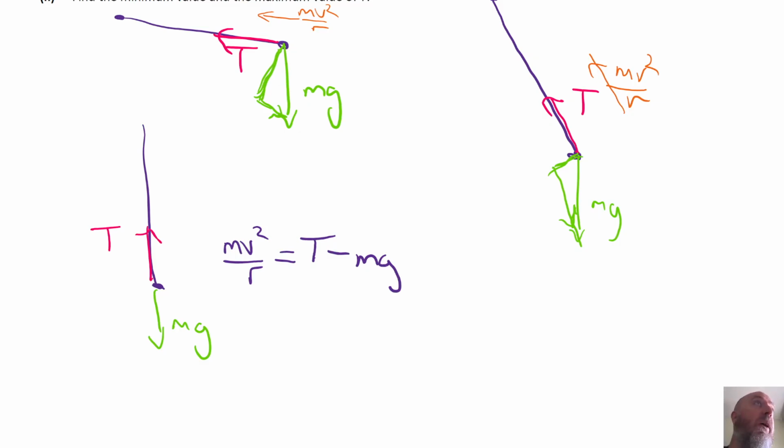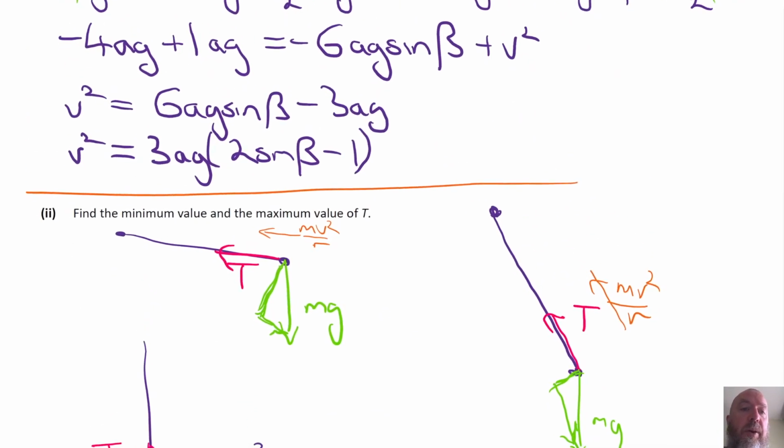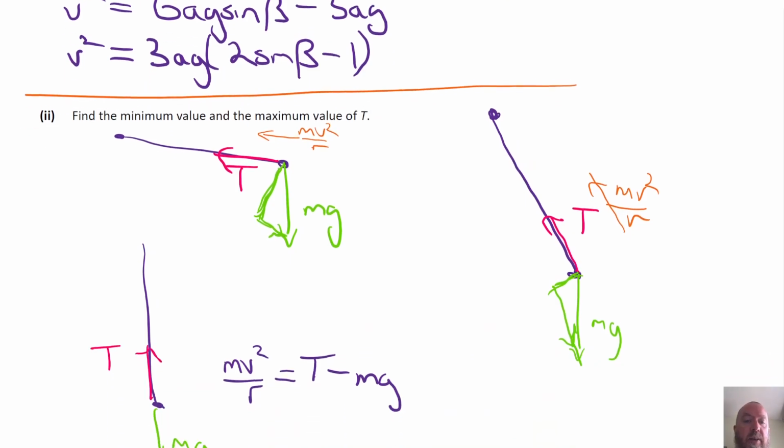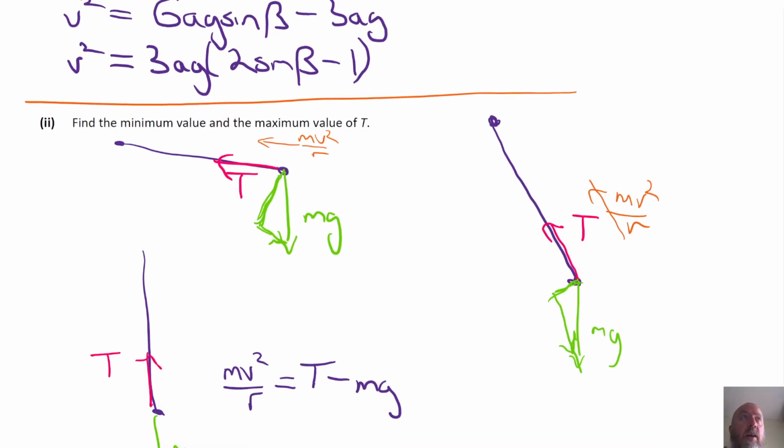But we know what v squared is because we have an expression for it. It's that thing. So that would mean that m over 3a, because that's our r, times 3ag by 2 sine beta minus 1 equals T minus mg.